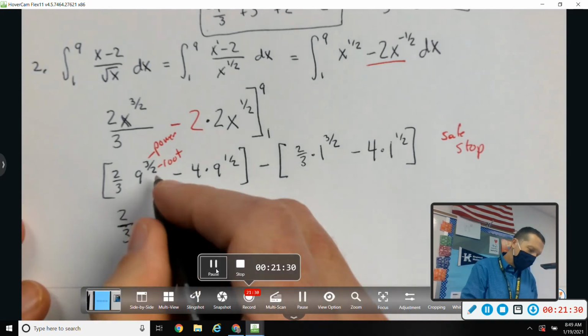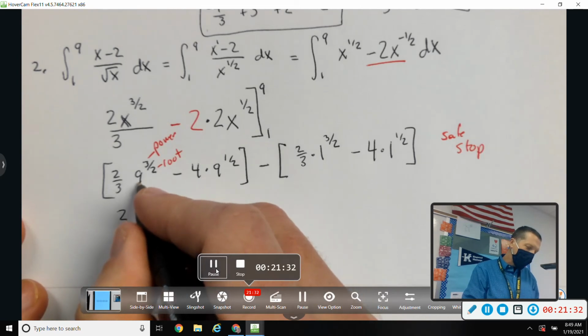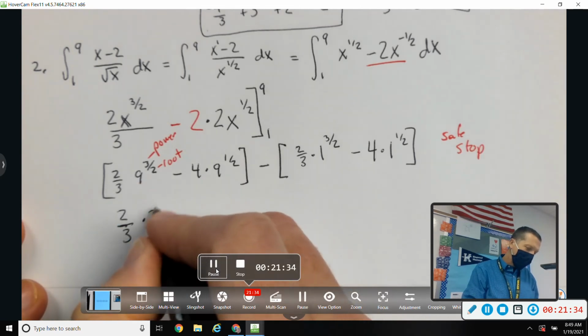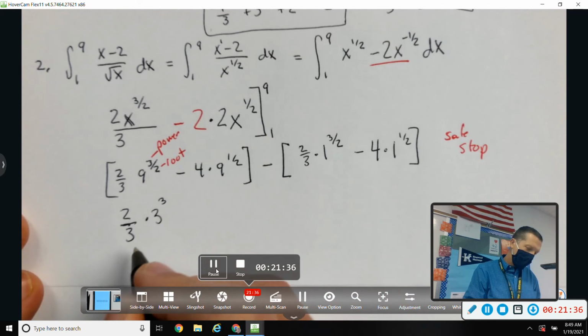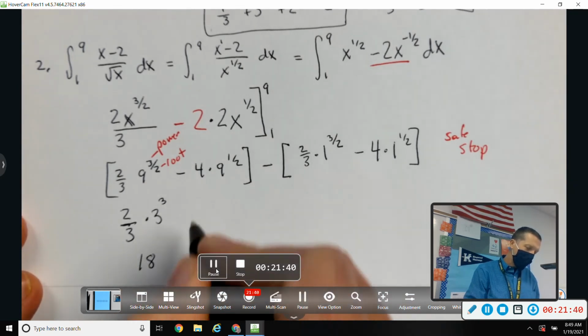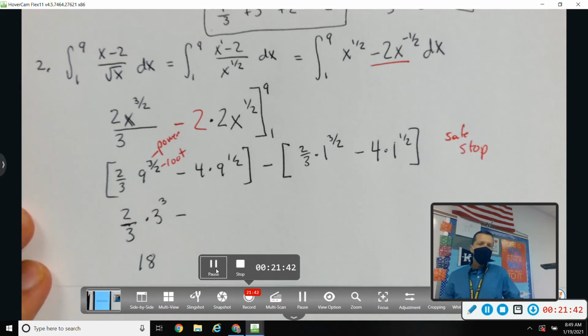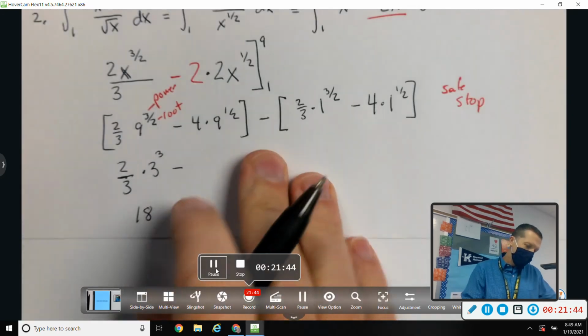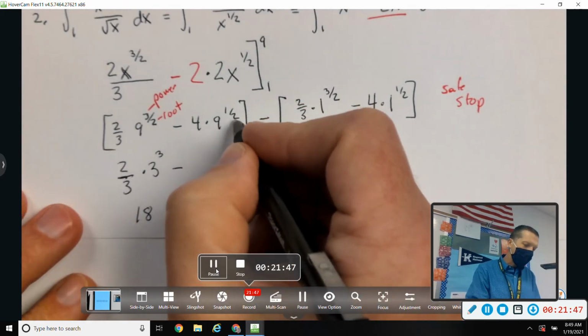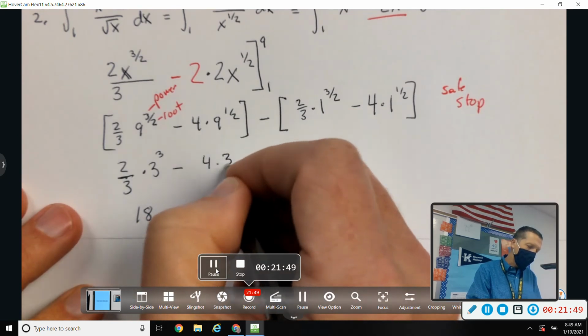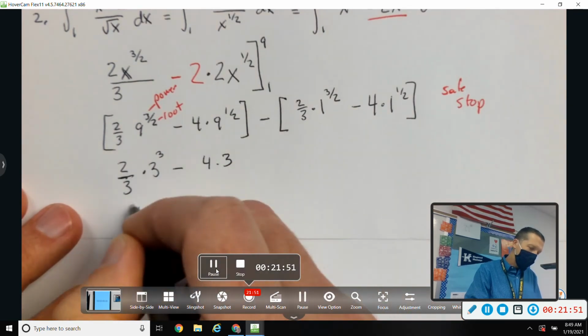So the square root of 9 is 3, and then 3 cubed is 27. 2/3 of 27 would be 18. Half power is square root, so 4 times 3 is 12.